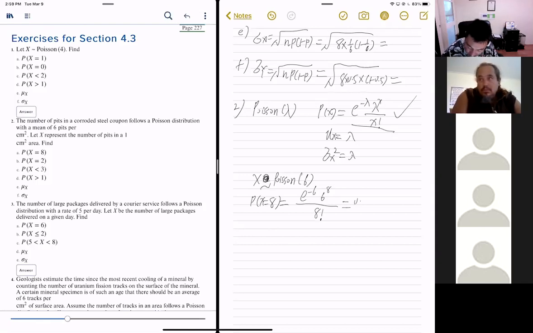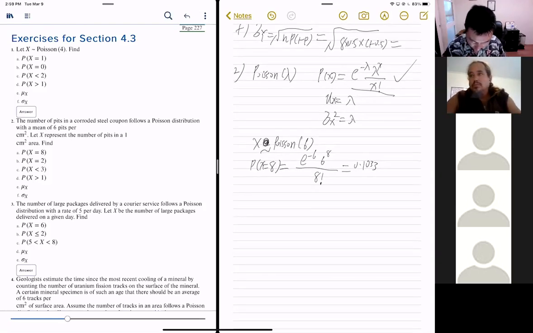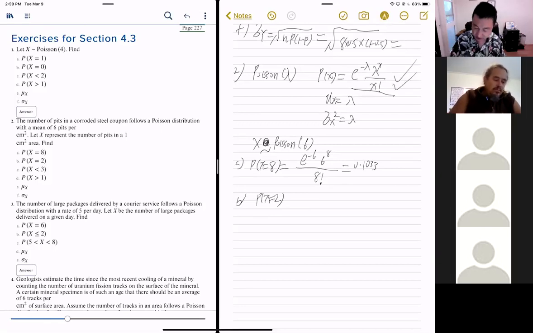It shows us about 10% chance we have 8 pits in 1 square centimeter area. That is part A. Part B is the same: P(x = 2), you just plug x equal to 2 into that mass function. Lambda is still 6. I will skip the details.